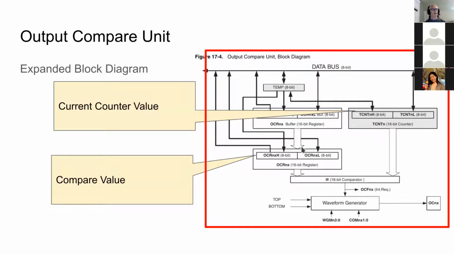But for our output compare, when you write to the low byte, it takes the temp value and puts it in the high byte. And that is complicated. The good news is that the C compiler does all of that for us automatically, and so we don't have to worry about it. We just pretend that this is a 16-bit register, and we can write to it through a 16-bit data bus.